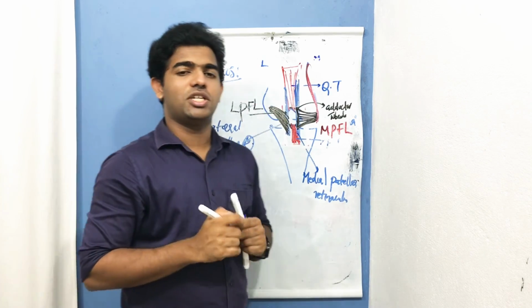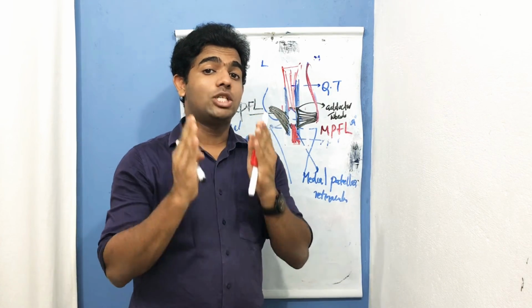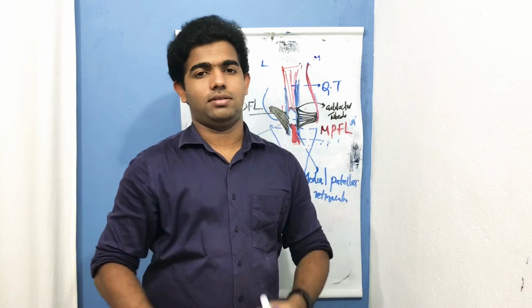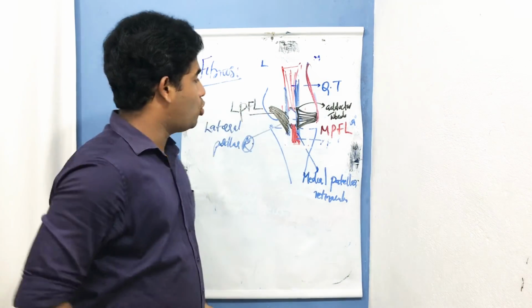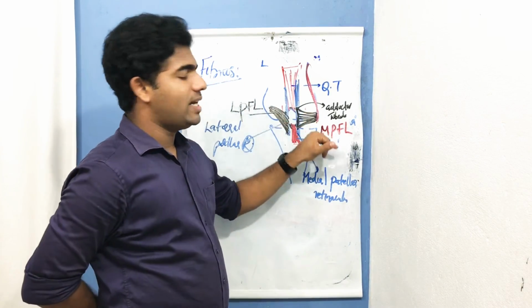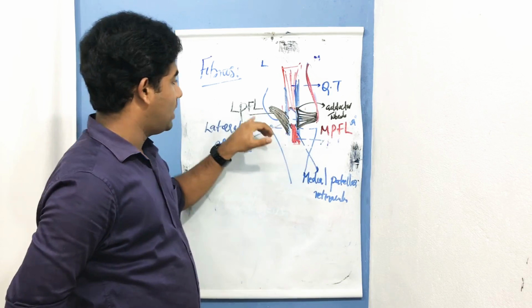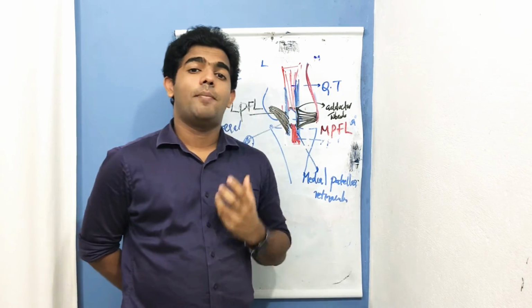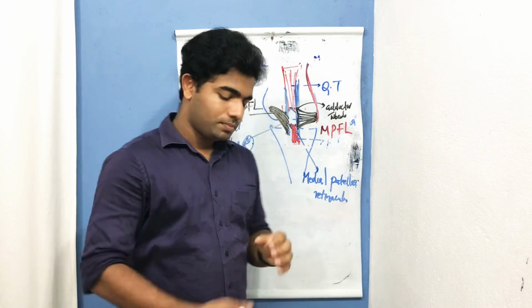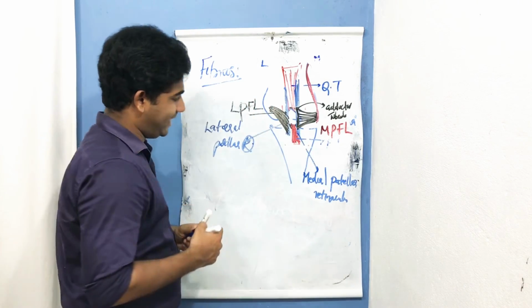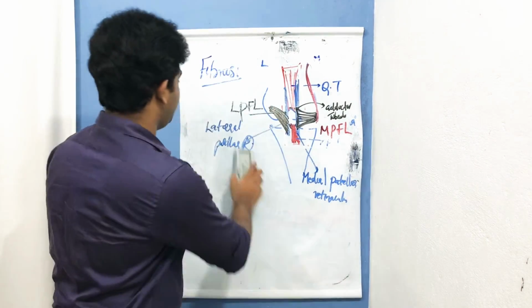Right? So we have two important structures, one on the medial side, the medial patellofemoral ligament, and on the lateral side, the lateral patellofemoral ligament.